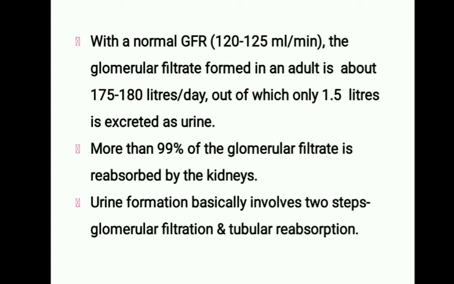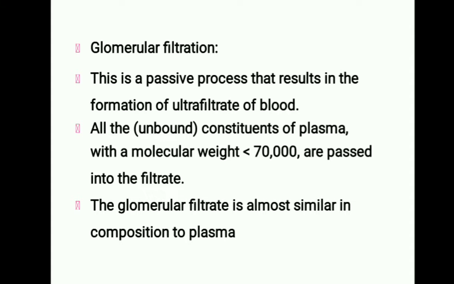Urine formation basically involves two steps: glomerular filtration and tubular reabsorption. Glomerular filtration is a passive process that results in the formation of ultrafiltrate of blood. All the unbound constituents of plasma with a molecular weight less than 70,000 are passed into the filtrate.